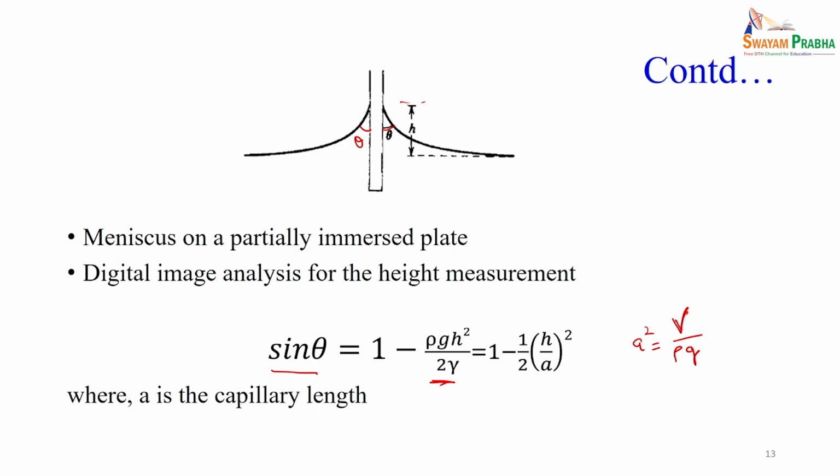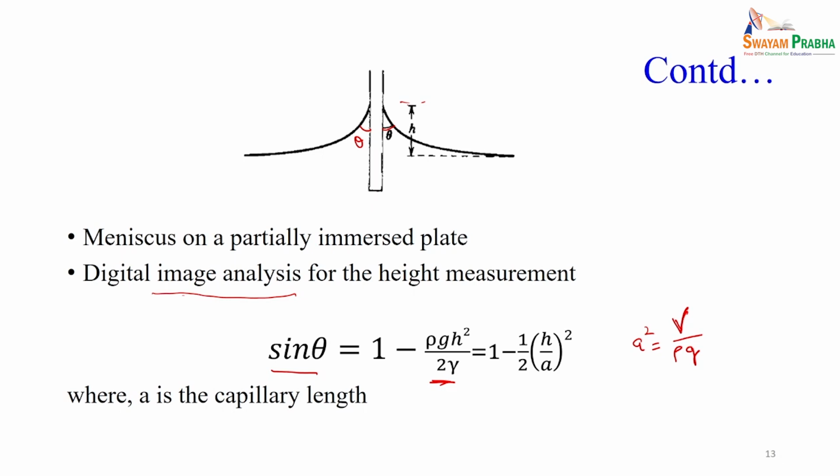So, if you have a computer controlled device, you can digitally analyze the image, and if you can measure the height of this meniscus, you should be able to easily calculate the value of the contact angle using the plate method as well.